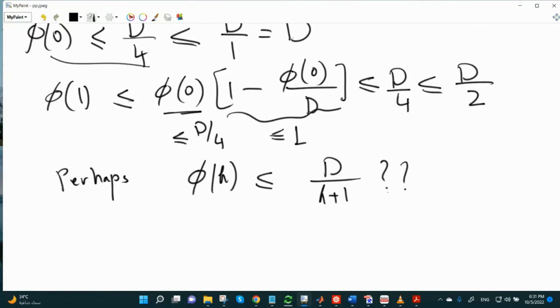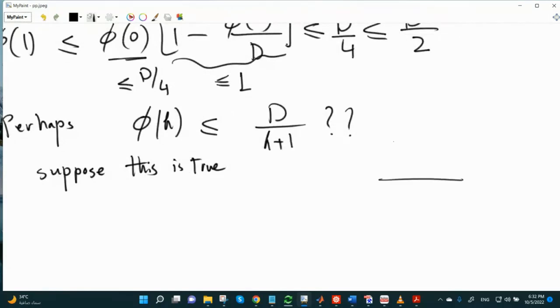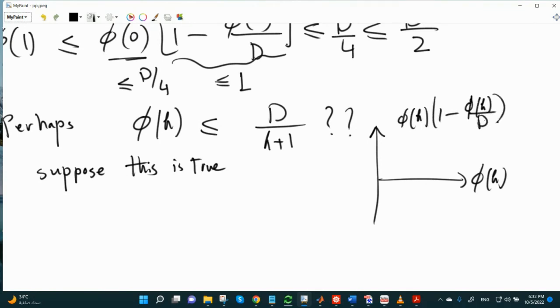Okay, so let's basically do induction. Suppose this is true, and this is phi k, and this is the right hand side of the recursive inequality, phi k times (1 minus phi k over d).